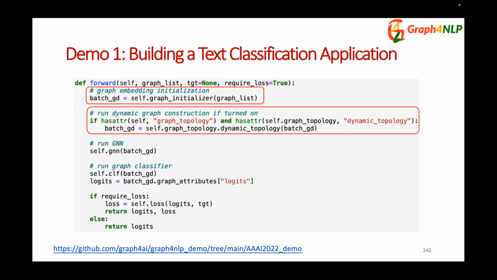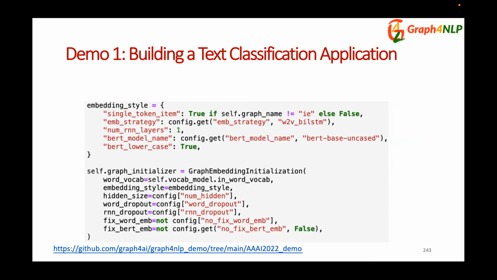Dynamic graph construction does graph construction, graph structure learning, and graph representation learning on the fly, so we will call this dynamic graph construction function when we run the model. That's why this appears in this PyTorch forward method. Then we can call the GNN API to learn the graph embeddings, and we have a graph classifier for the prediction module.